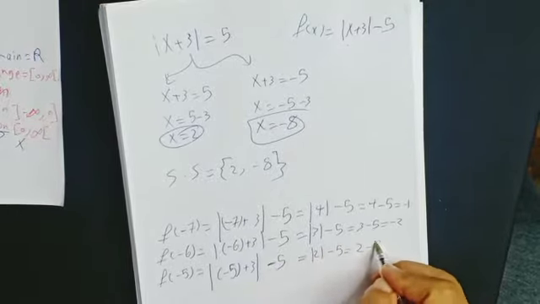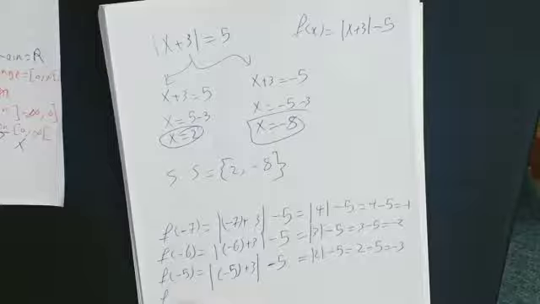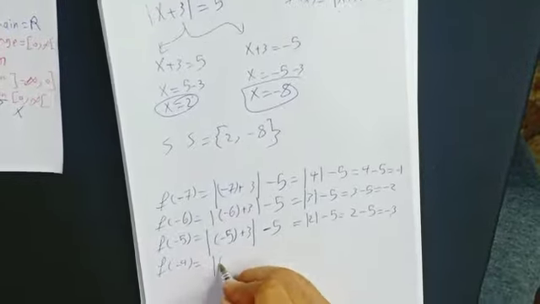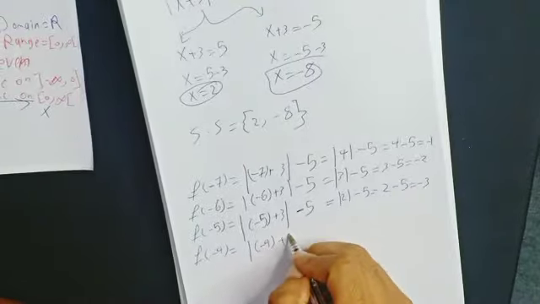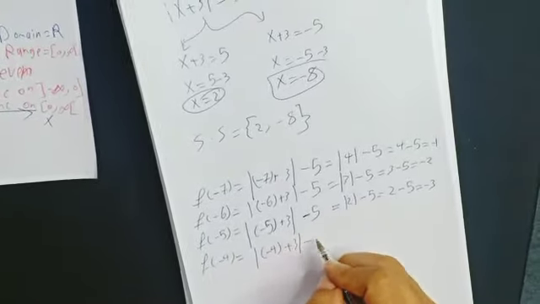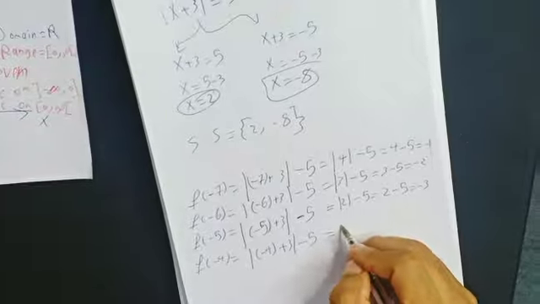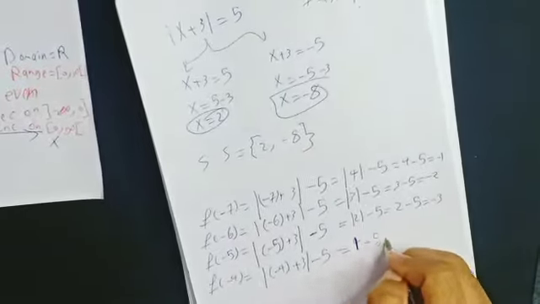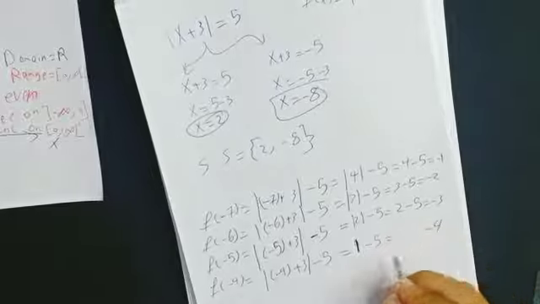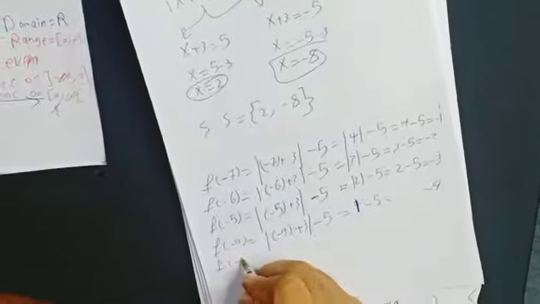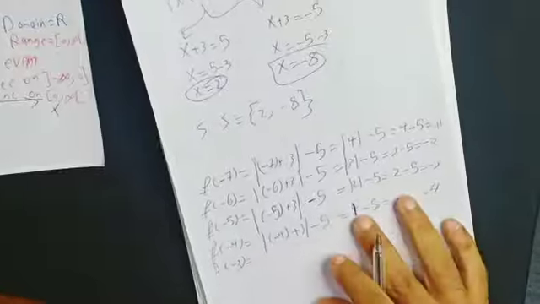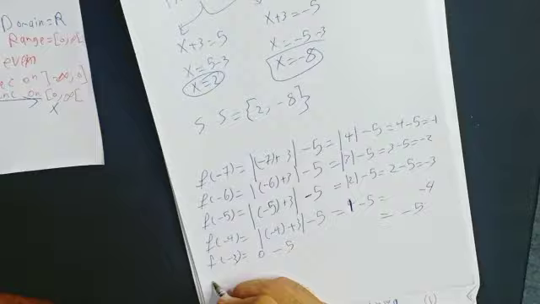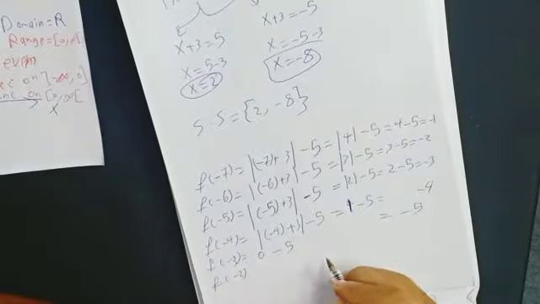F of negative 4 is absolute value of negative 4 plus 3 minus 5, which is 1 minus 5 equals negative 4. F of negative 3 is 0 minus 5 equals negative 5. F of negative 2 is 1 minus 5, which is negative 4.